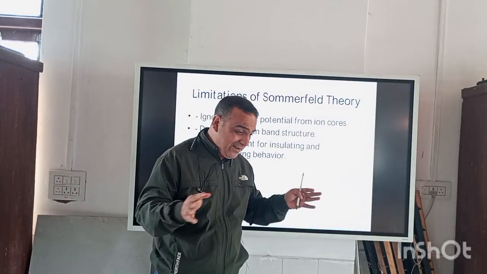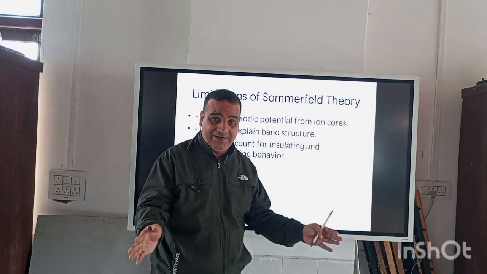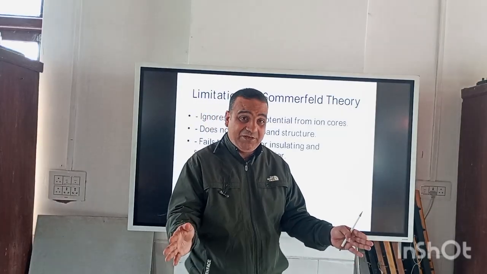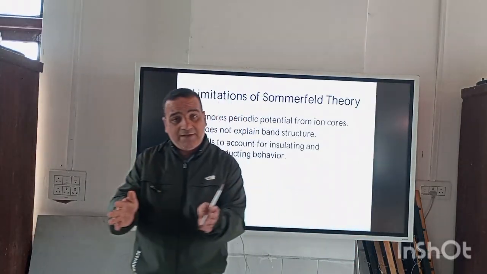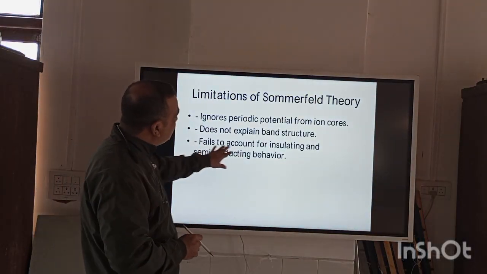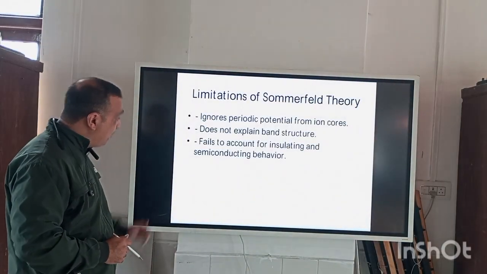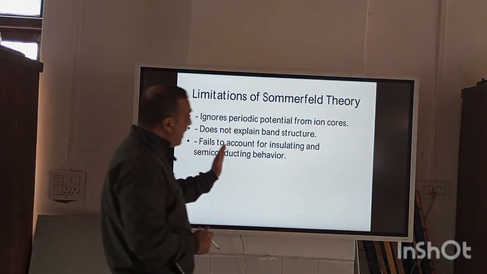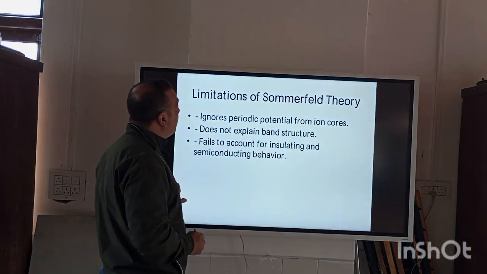and it does not explain the band structure, because the band structure certainly classifies the materials, especially using the Kronig-Penney model to differentiate an insulator from a semiconductor from a metal. And it fails to account for insulating and semiconducting behavior, which comes as a result of quantum theory when we talk about the Kronig-Penney model.